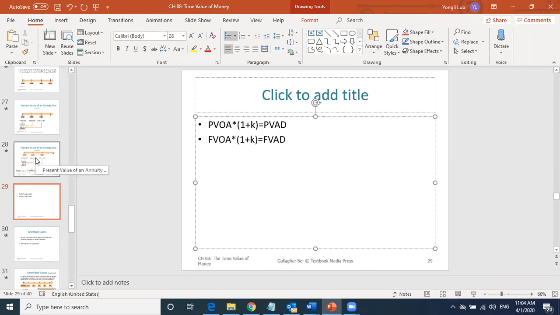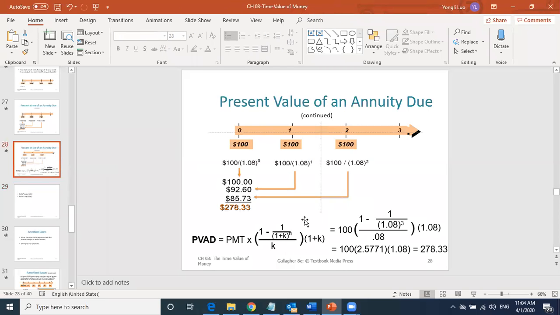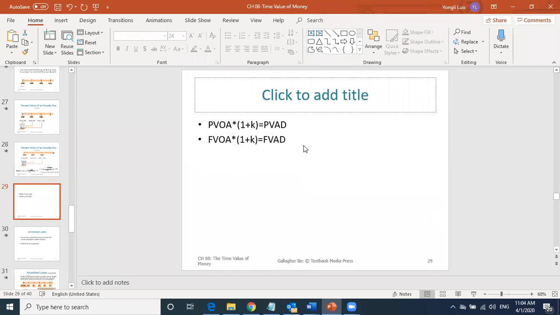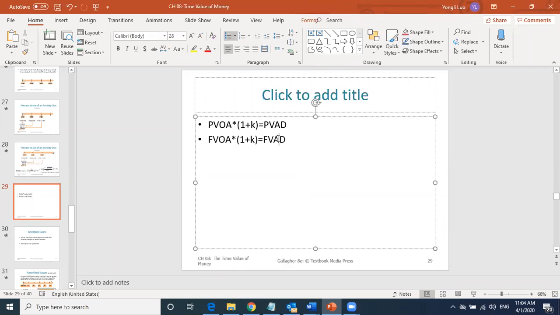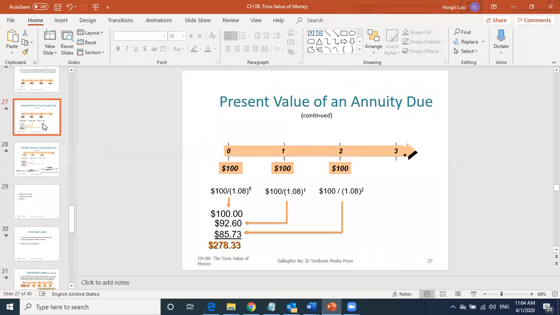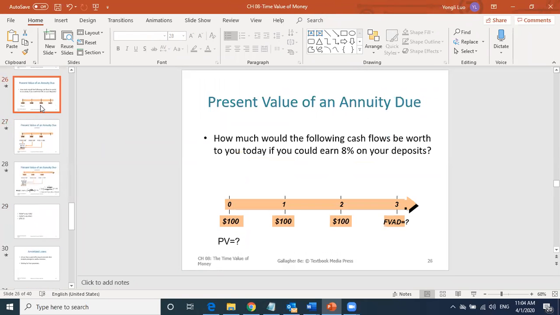So let's say you see the present value of annuity due, and the interest rate is 8%.